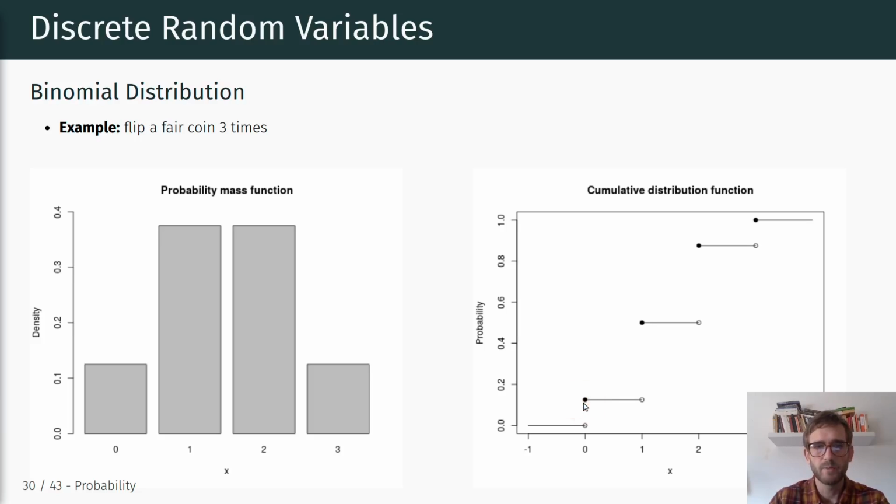But then the probability of observing 0 heads is equal to the probability that we observed in the probability mass function, and the probability of observing 1 or 0 heads is the sum of these two probability masses, and that's a little bit more than 0.5, between 0.5 and 0.6.